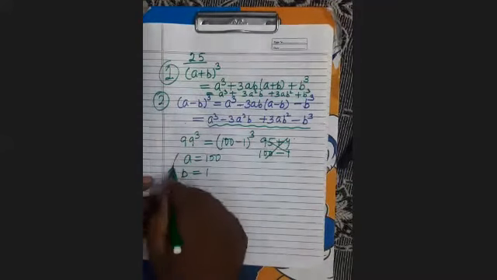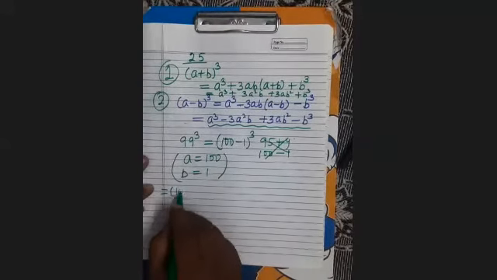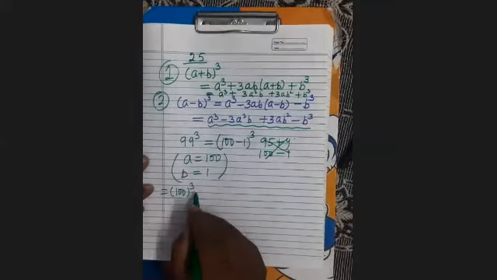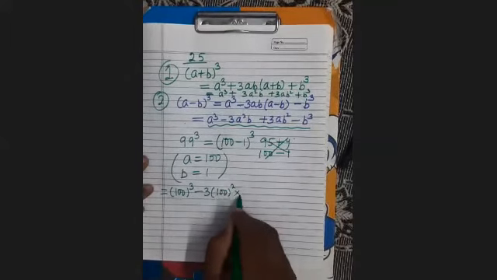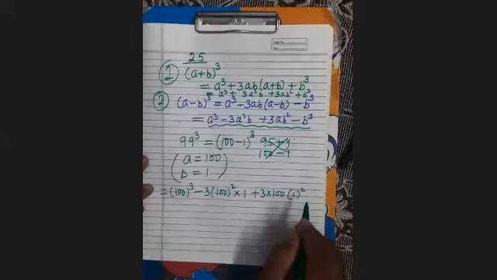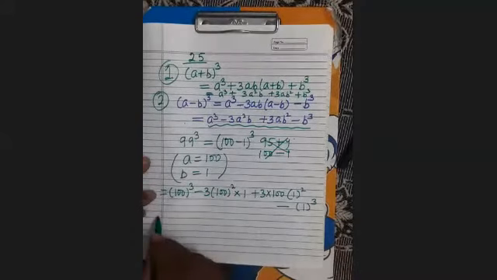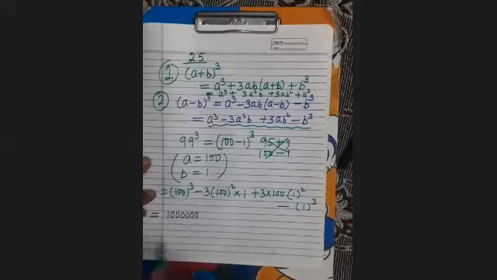When you substitute, it is 100 cube minus 3 into 100 square into 1 plus 3 into 100 into 1 square minus 1 cube. 100 cube means there will be how many zeros? 6 zeros.